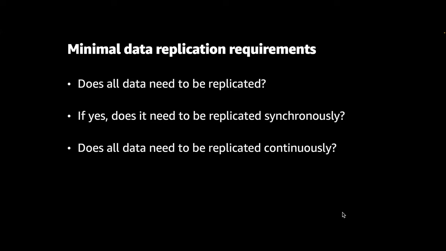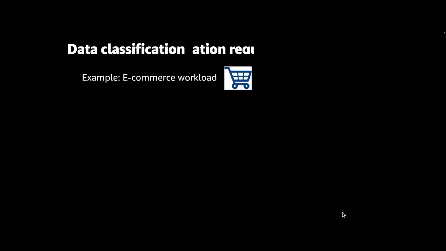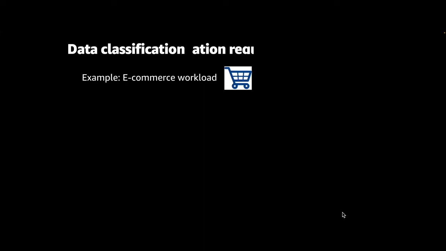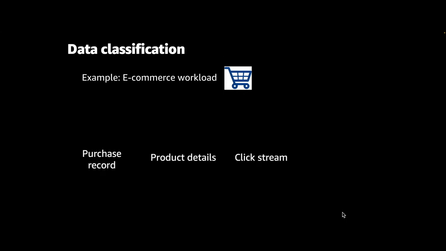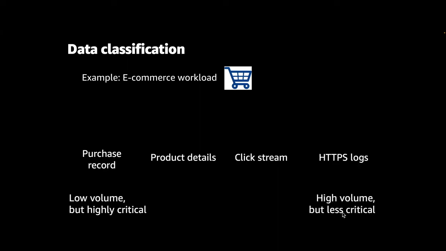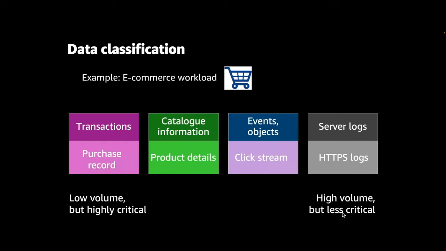On top of that, you need to classify your data. Let's pick an e-commerce workload as an example. You're going to find the purchase records and all the other records. You're going to have HTTP server logs. So you're going to have a multitude of different types of data, and you need to consider which ones are the most critical for your business, right?